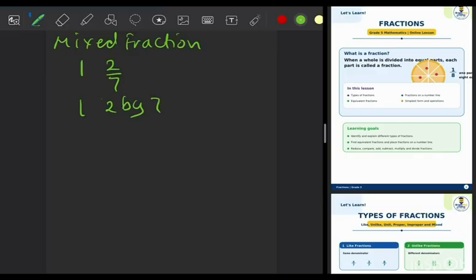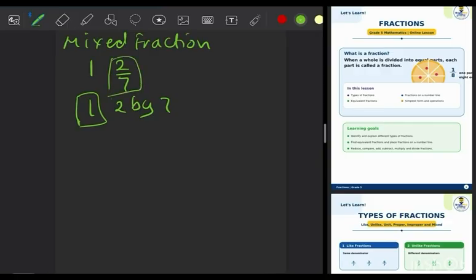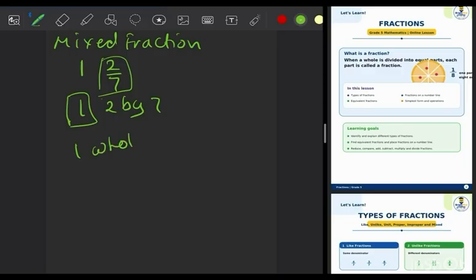Here 1 is the whole number and 2 by 7 is a proper fraction.